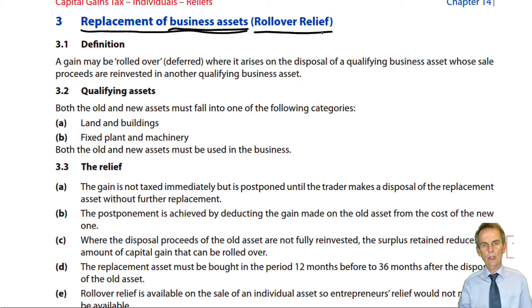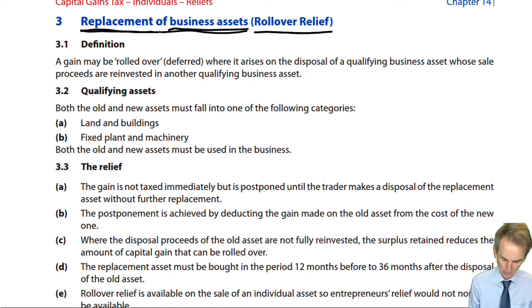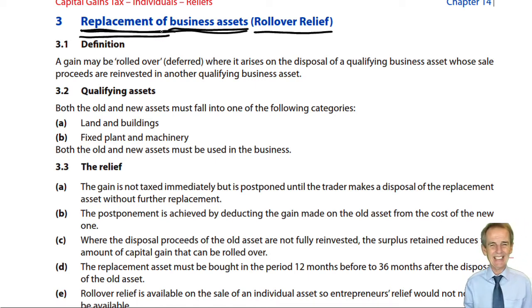If what we're doing is to reinvest the proceeds of one qualifying business asset, usually a business property, in another qualifying business asset, usually a replacement property, though in reality there are different qualifying assets and you don't have to sell a property to buy a property. You sell a qualifying business asset, you buy a qualifying business asset.